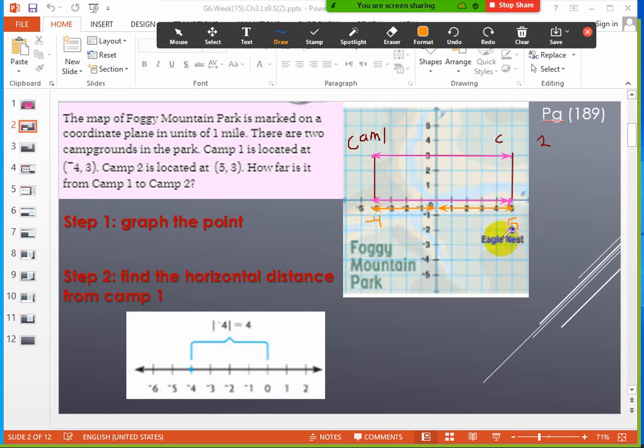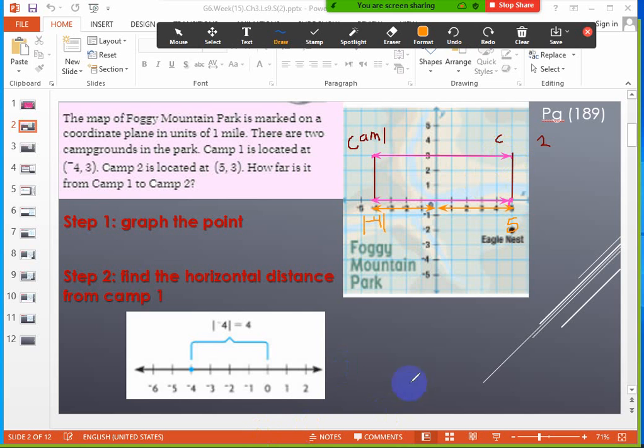The 5 is the distance from the 0 point, and -4 I take with the absolute value, so it is also the distance from this point to the 0 point. If you add those numbers, it gives the horizontal distance between point 1 and point 2.